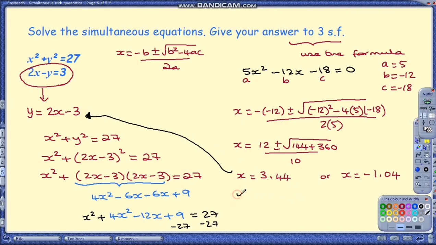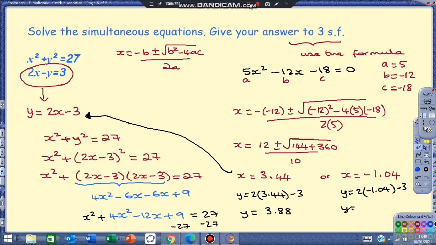Okay, so y is equal to 2 times 3.44, take away 3. So 3.44 times 2 minus 3, y is equal to 3.88, or y equals 2 times minus 1.04 minus 3.